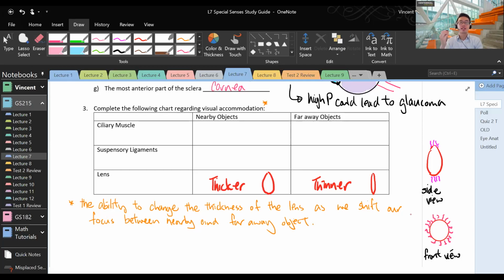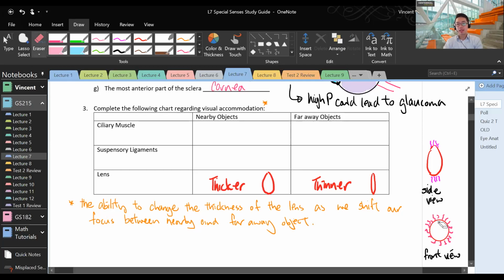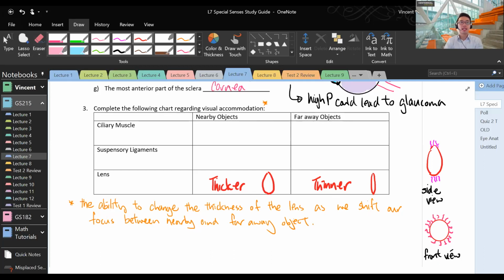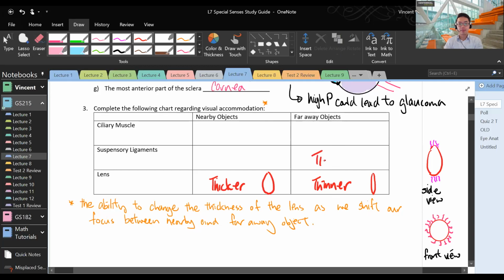I hope your choice is thinner, right? Because it makes sense, right? If you're pulling in all direction, then this thing gets stretched out, right? And it's going to be thinner, right? So for that reason, when you're focusing on a far away object, you want the suspensory ligaments to be tightened. Okay. Whereas if you want to focus on nearby object, you want them to be loosened.